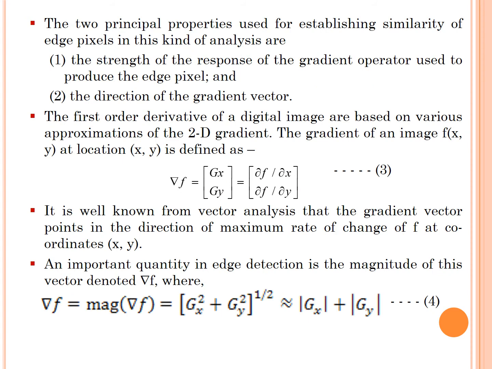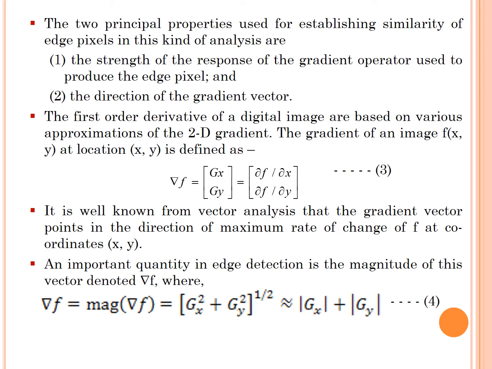The two principal properties used for establishing similarity of edge pixels in this kind of analysis are: number one, the strength of the response of the gradient operator used to produce the edge pixel, and second, the direction of the gradient vector. The first order derivatives of a digital image are based on various approximations of the 2D gradient.